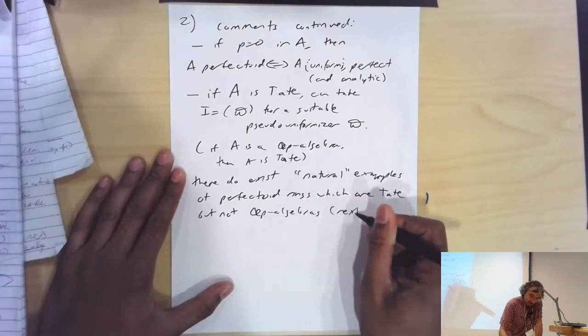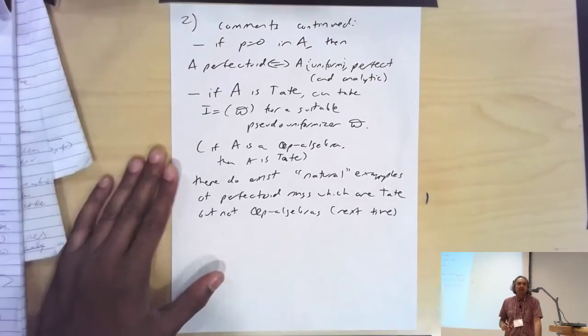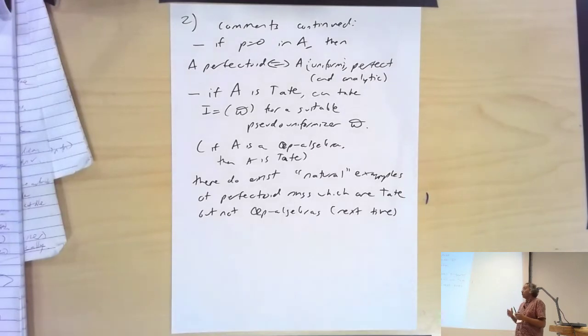But I think it is more natural if I leave that kind of example for next time, because we will actually use them in the next lecture. So for the moment, you might just want to think about the case where A is a Q_p-algebra.